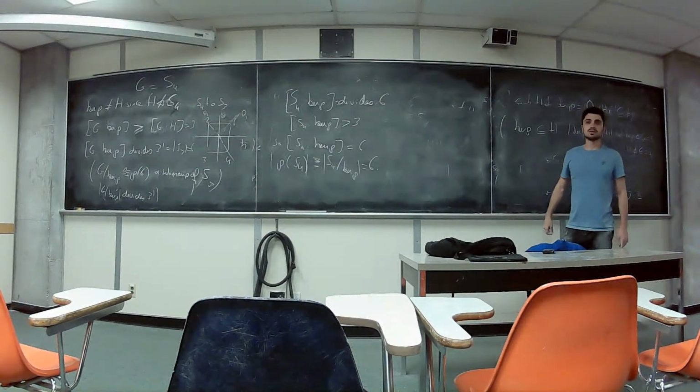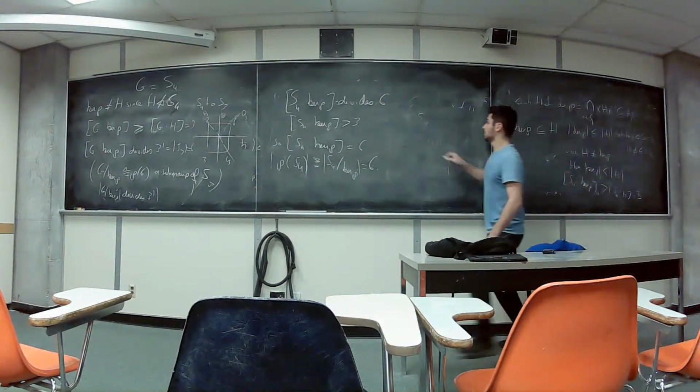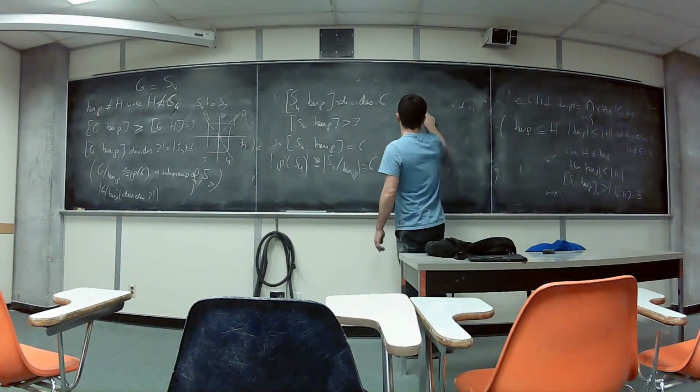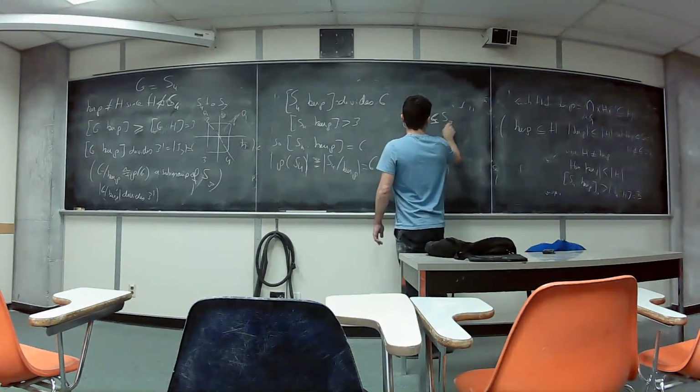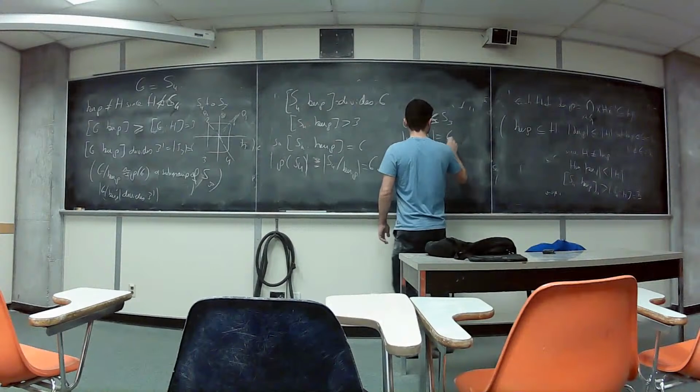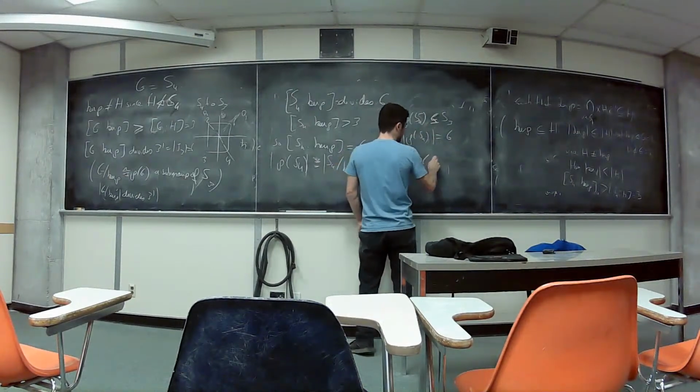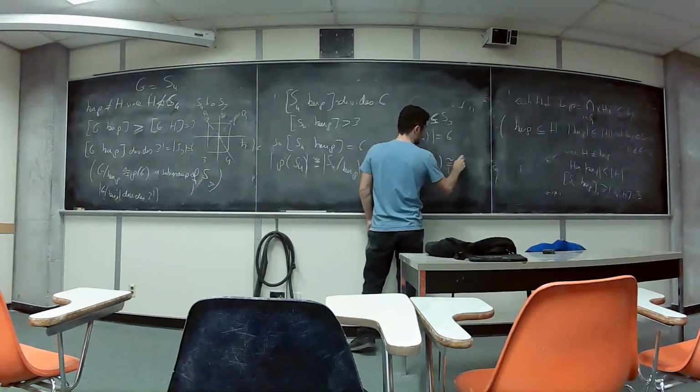Now, what can I say about row of S4 in that case? Row of S4 is a subgroup of S3, let's say, and row of S4 has size 6.